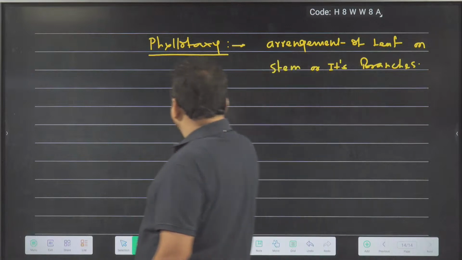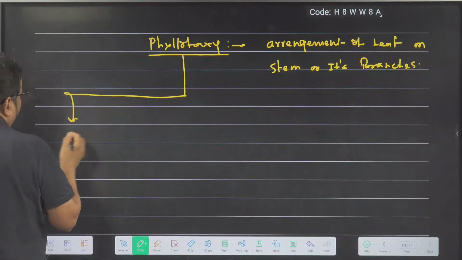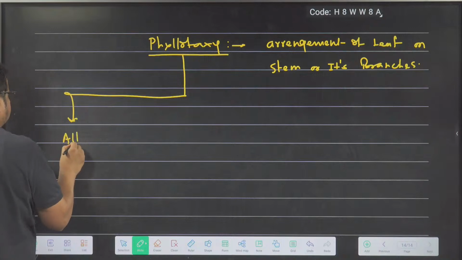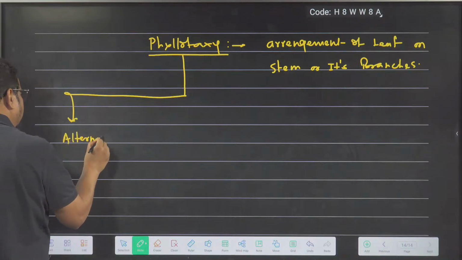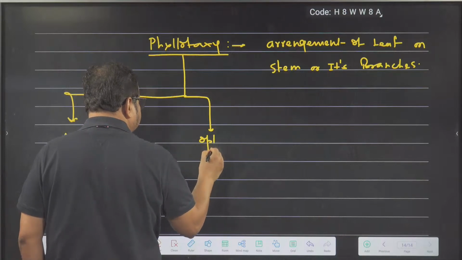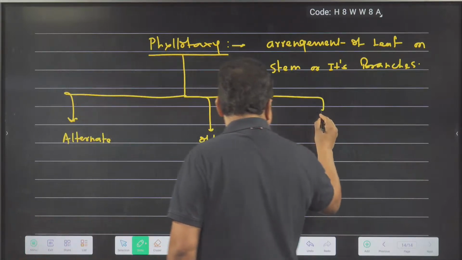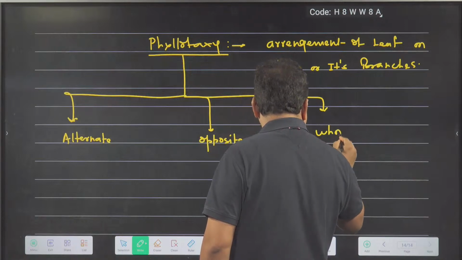There are three types of phyllotaxy we are going to discuss. One is alternate phyllotaxy. Another is opposite phyllotaxy. And the last one is whorled phyllotaxy.